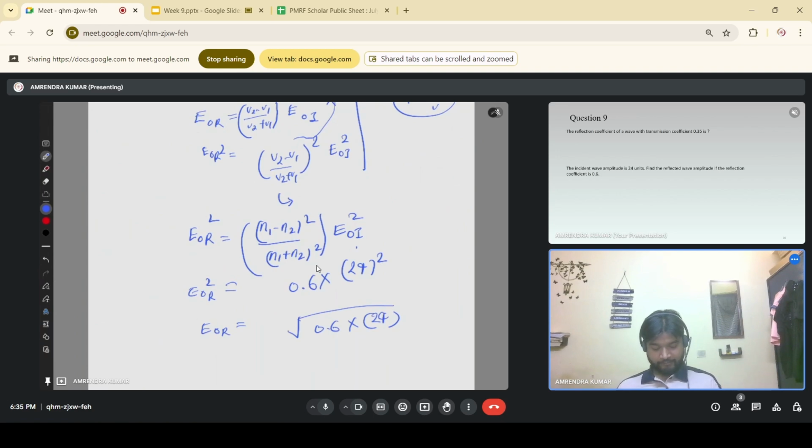So the multiplication of 0.6 with 24 squared, right?